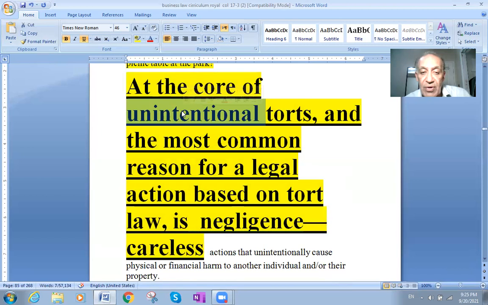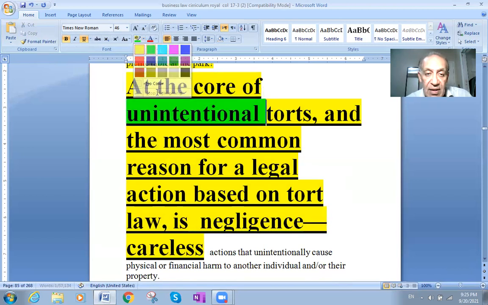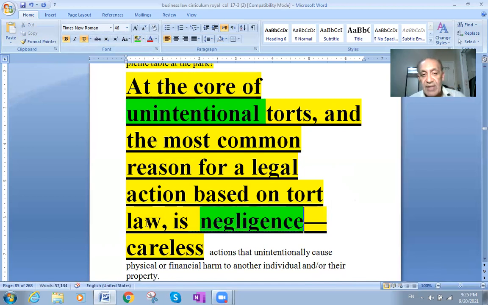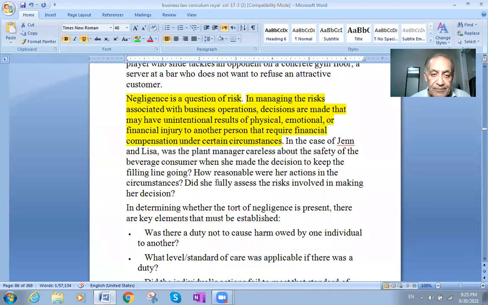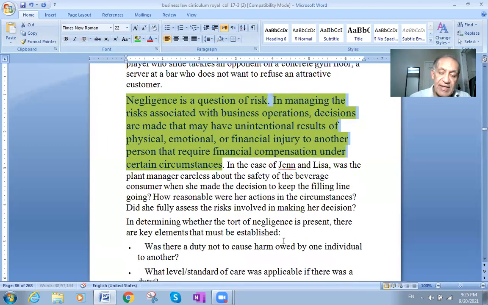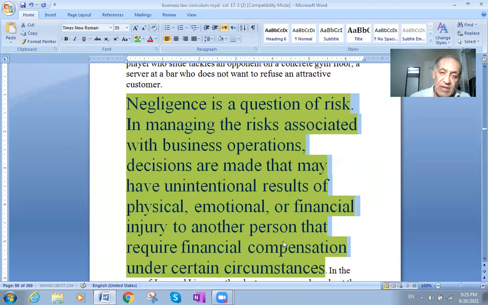When you see the word unintentional, the word negligence is together with it. Unintentional tort means negligence. So let us see, what is negligence?